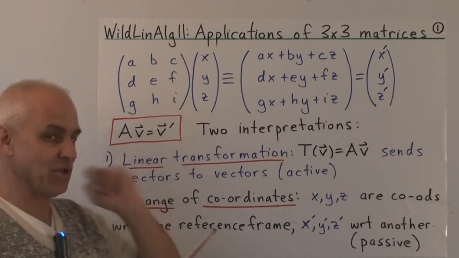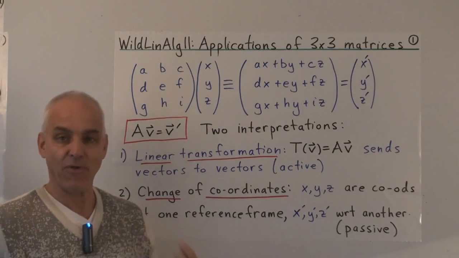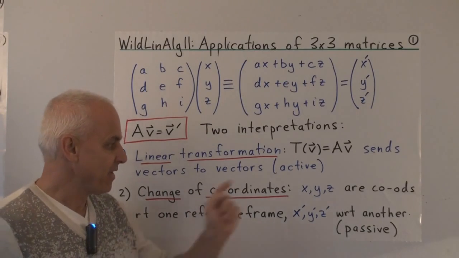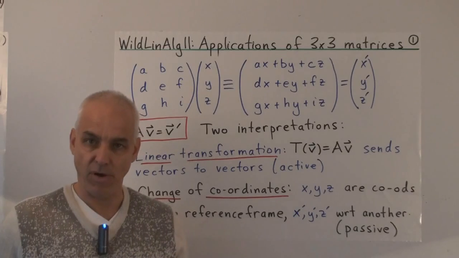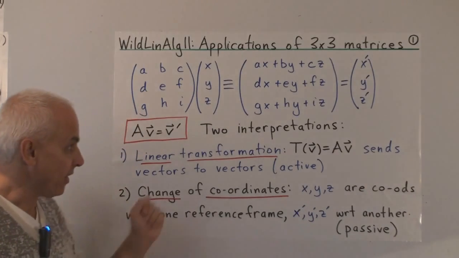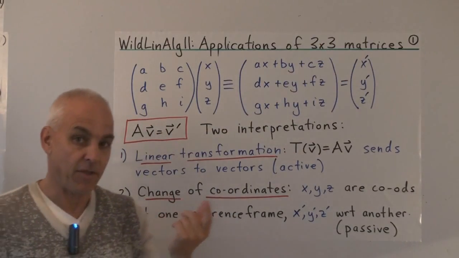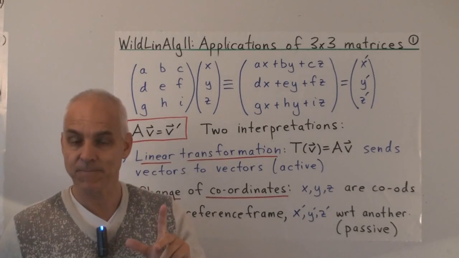There's another interpretation of what is going on here. And that interpretation is one that we've also seen before. It's the change of coordinates idea. The idea that x, y, and z represent coordinates of a point, and the new coordinates x prime, y prime, z prime reflect the new coordinates of the same point with respect to a different orientation.